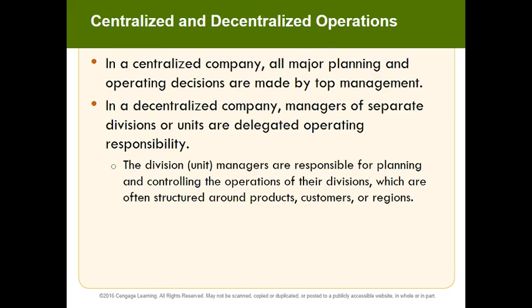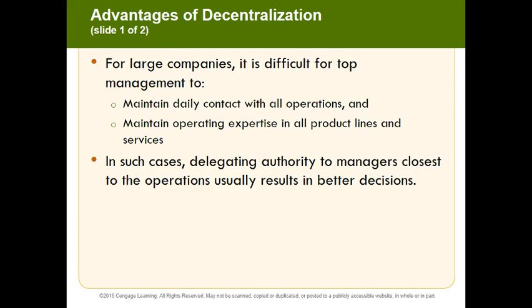Some of the advantages for large companies: it is very difficult for top management to really have daily contact with all levels of operations. Everything from the mailroom up, they just can't do it. There's too much going on.